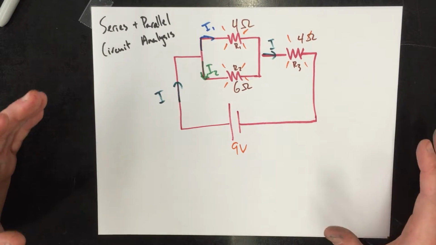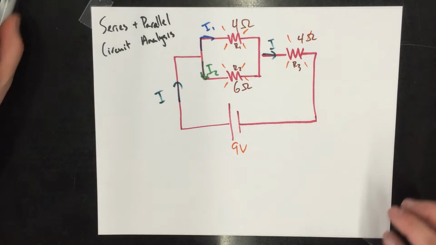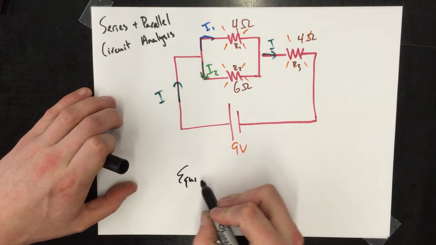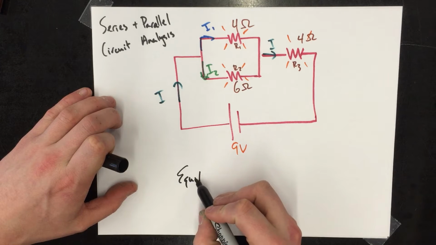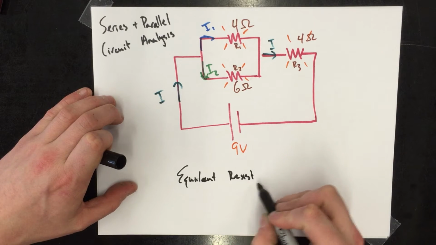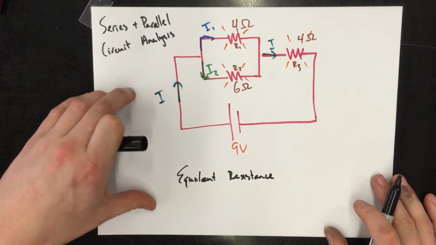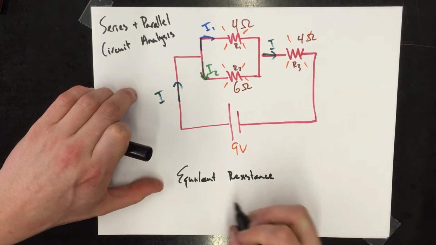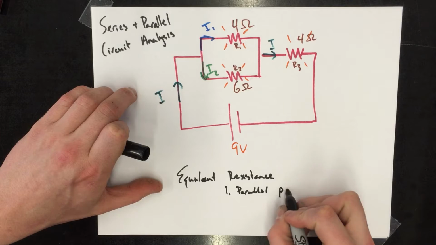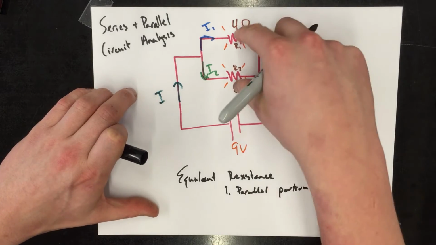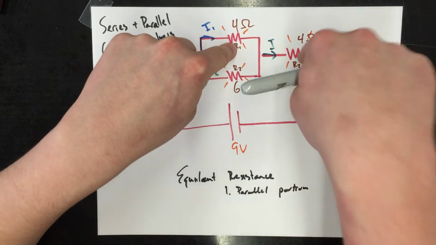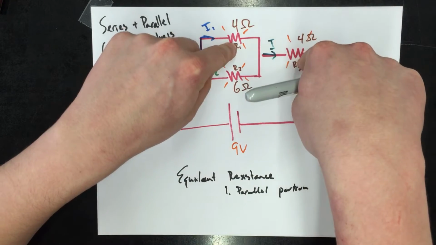So since this is complex, I know that I have to take this and reduce it to equivalent resistance. I need to first do it for this parallel portion. And then once I do that, I'm going to have an equivalent resistor here in series with this resistor.